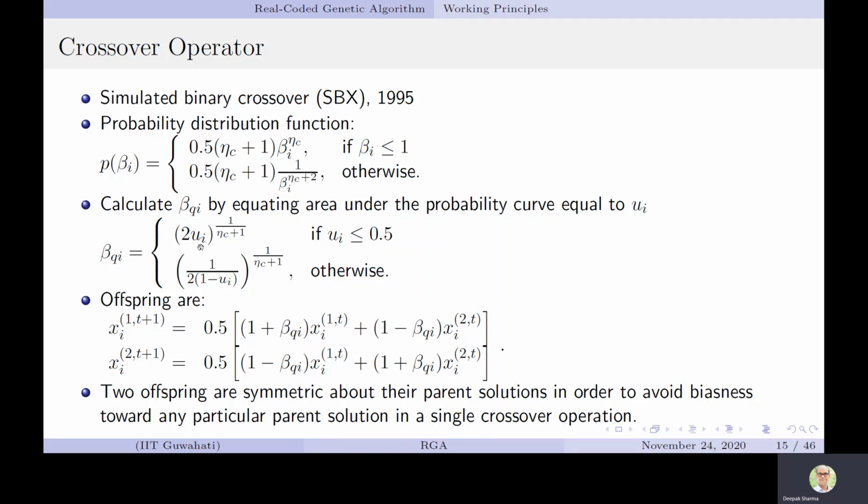We generate a random number by computer, feed it in, it gives me beta, and that beta I can directly use to calculate two offspring solutions. And xi, as I told you, we perform crossover variable wise, meaning if I choose the first variable x1, then there is a crossover between two solutions for the x1 variable only.